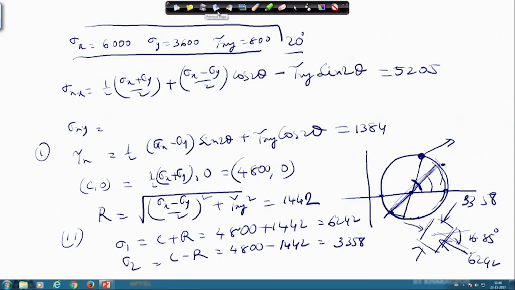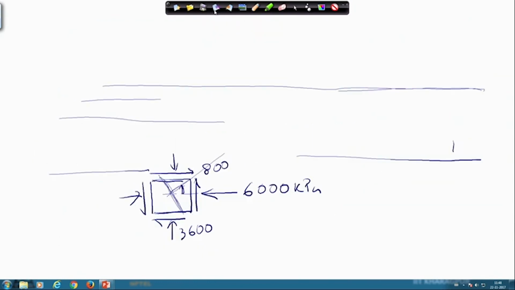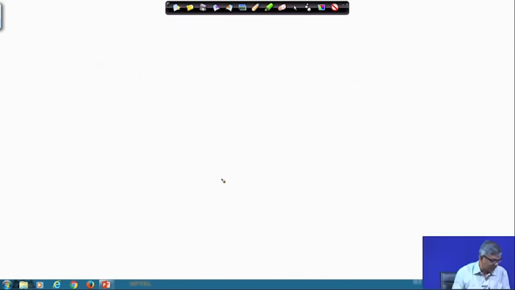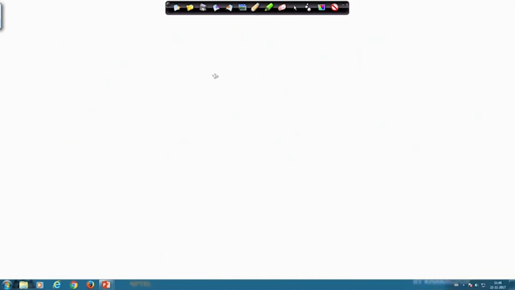Similarly, the third part also you can do. The third part is the maximum in-plane shear stress, that is your tau max, again equal to R, which is 1442, and your associated normal stress.